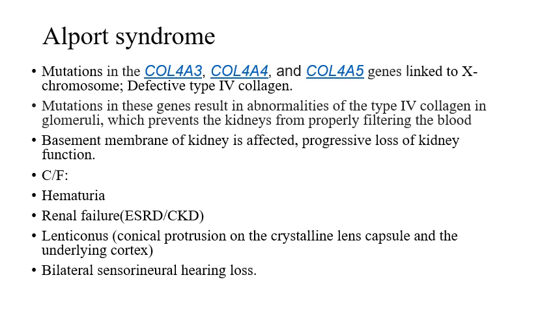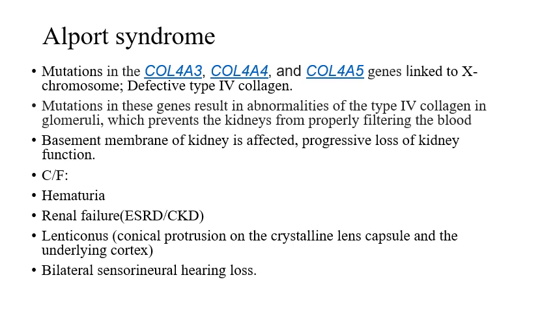The basement membrane of the glomeruli mainly needs collagen 4 for proper functioning. Because of the mutation, the collagen 4 is not formed properly, so the basement membrane of the kidney is affected, which leads to progressive loss of the kidney function. Clinical features include hematuria, the most common symptom seen in Alport syndrome, and patients will eventually develop end-stage renal disease or chronic kidney disease.